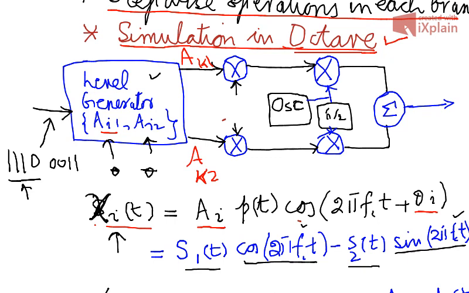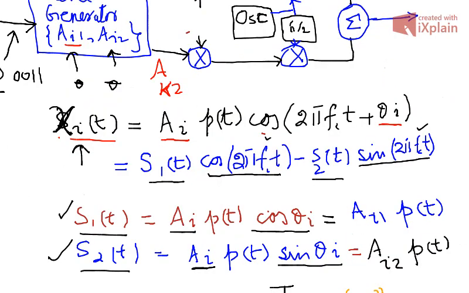Now if you observe your expression, our S1 now we have to generate in the upper branch. Let me concentrate on the upper branch, and then I'll explain the lower branch.